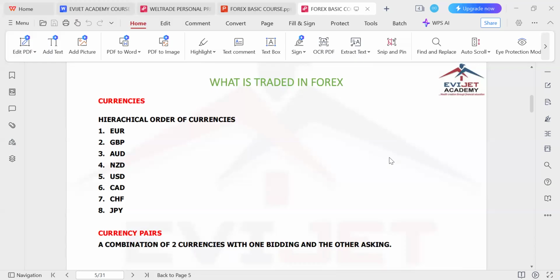Okay, so now, apart from Forex, in the global financial market we have a lot traded. Forex is just an aspect of it, which is the foreign exchange. So we have commodities, we have stocks, we have synthetic indices.